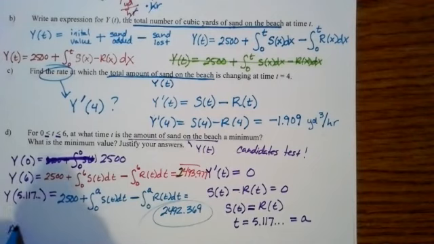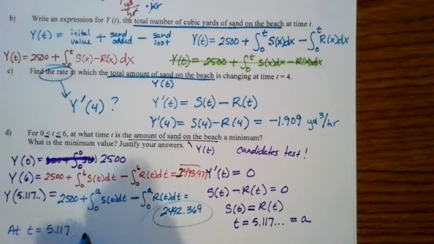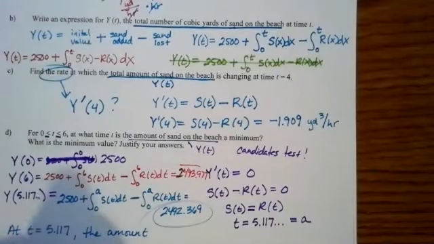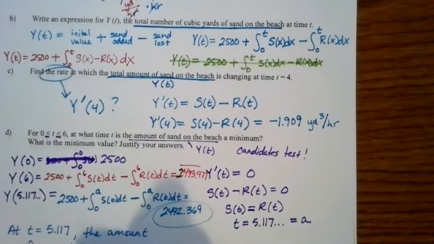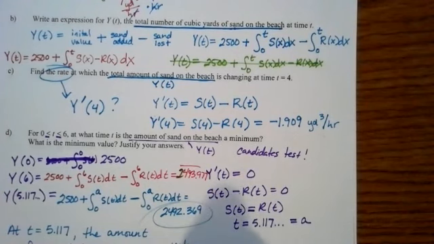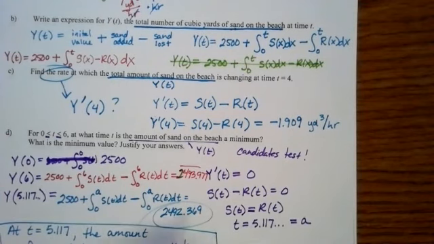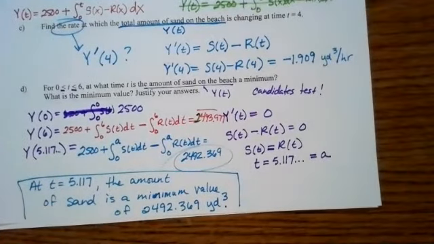So at time equals 5.117, the amount of sand is a minimum value of 2492.369, and what are our units? Cubic yards. There's the work that justifies our answer. And now you can see it. There's our answer.